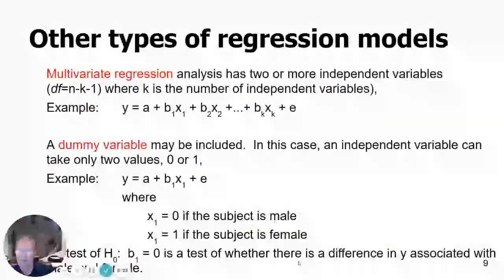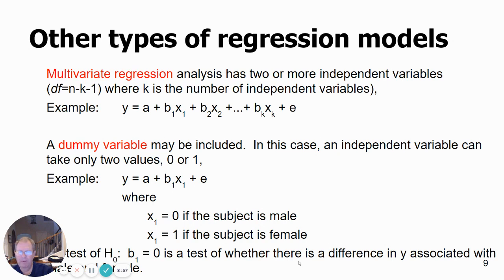Just as a reminder here, the AP exam sometimes asks what we call question 6 questions. They're investigative tasks, and they might walk you through a procedure that is slightly different than the ones we've talked about. On the top here, I have a multi-regression analysis, which has more than one independent variable, and so I've written it out there. Of course, you have to make a change to the number of degrees of freedom.